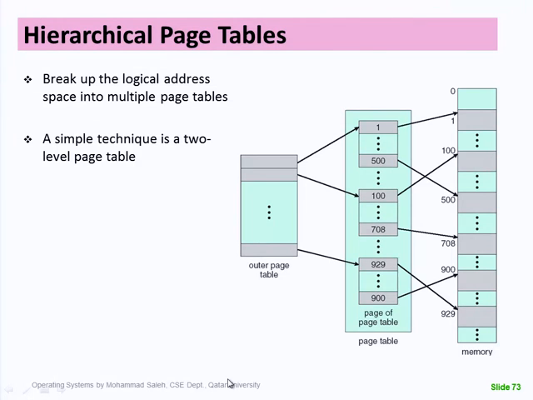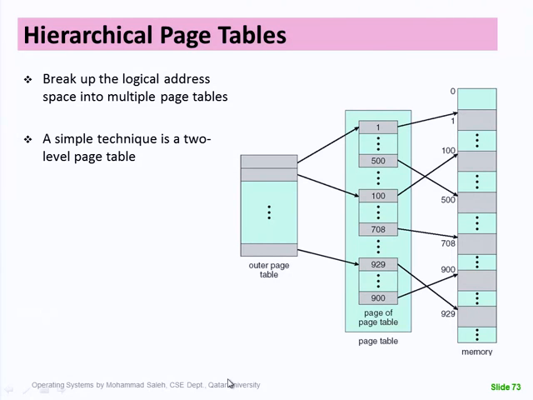In a hierarchical page table, this is used for page tables that are too long. So basically what we do is divide them into sub-page tables. Then in this case we have the very first outer page table. It is actually holding references to sub-page tables. And then these sub-page tables actually have pages, and they're mapping to frames in memory.